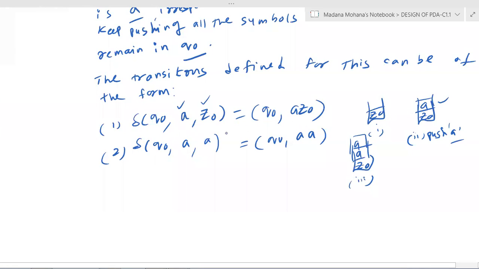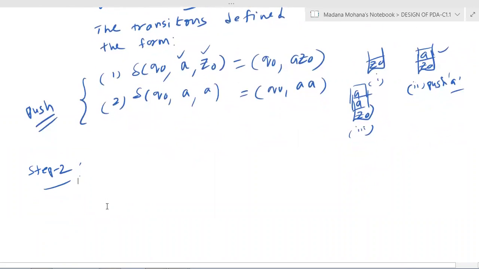This operation we will call the push operation in the first step. Here we have inserted all the A's onto the stack. Then coming to step 2. In step 2, what we mentioned, whenever the input B is encountered, there should be a corresponding A on top of the stack.